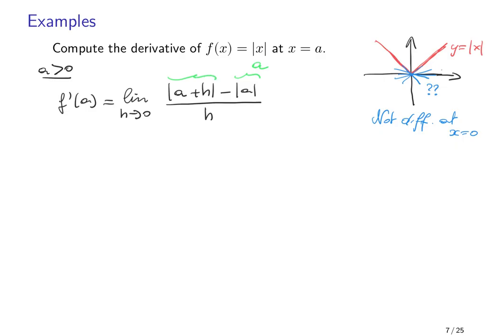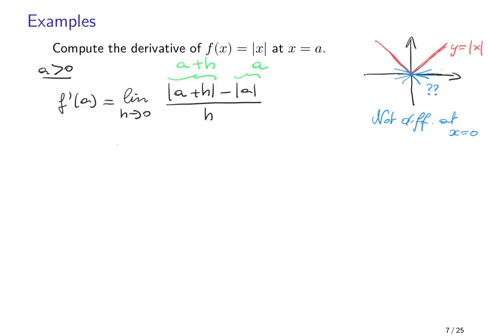What about a plus h? A is positive, h can be positive or negative, but h is very small. H will go to 0 in the limit. So a plus h, if h is sufficiently small, will also be positive, so that the absolute value of a plus h is also a plus h.